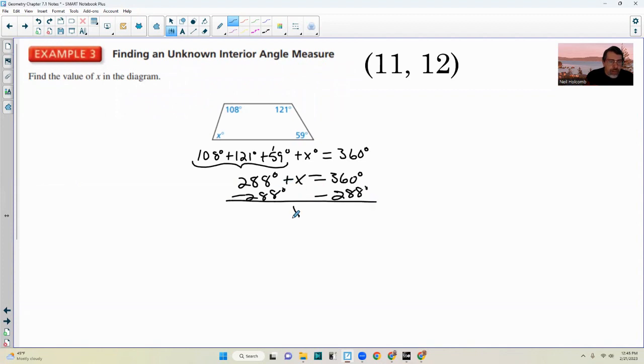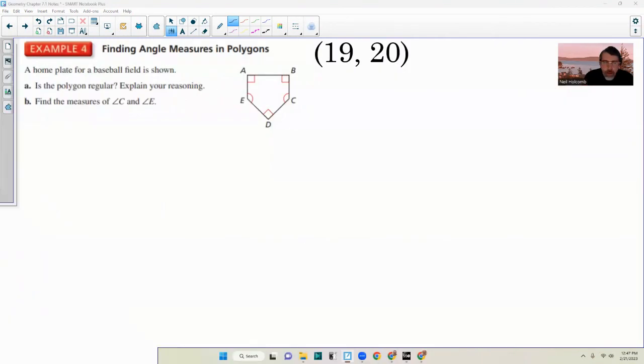And we are going to be left with x equals 360 minus 288. 0 minus 8, borrow, and we get 10 minus 8 is 2. 5 becomes 15 minus 8 is 7, and 3 minus 1 is 2. The measure of this angle is 72 degrees. Okay, so that is how you use the corollary to answer these questions. So now you should be able to do problem numbers 11 and 12 on your exercises.